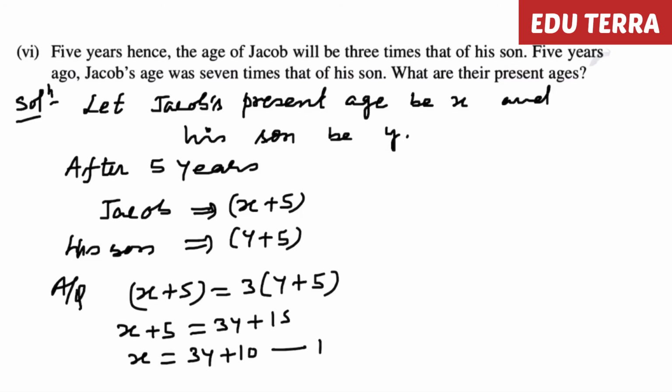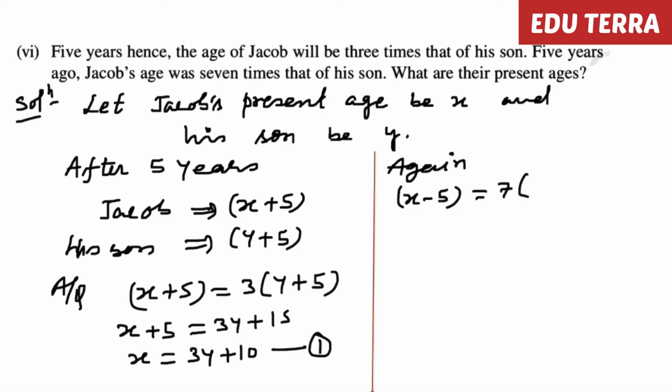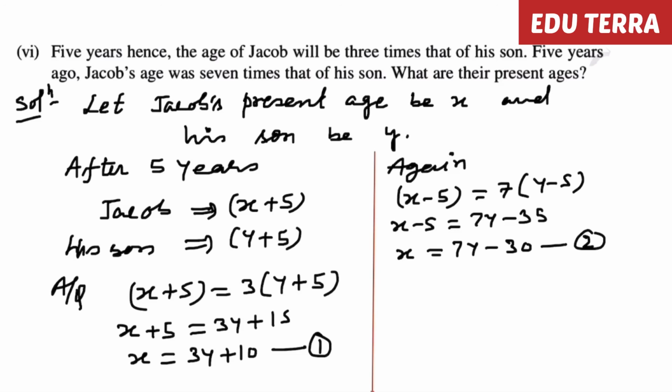It is number 1. Again, 5 years ago, so x minus 5 equals 7 into y minus 5. So by 1 and 2 you can solve by equating, otherwise substitute the value of x from 1 in 2.